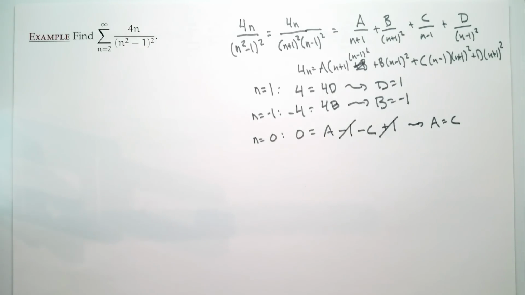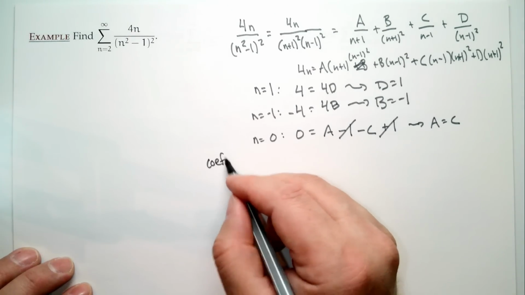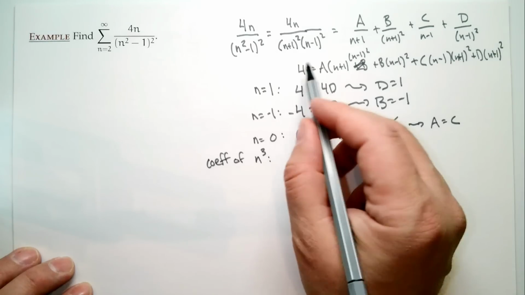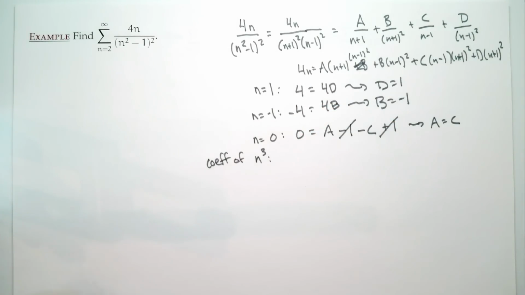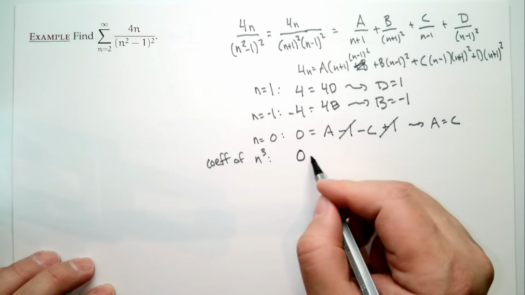So let's see, what else can we do? Well, we can plug in another value, or we can do the other trick with partial fractions, which is to look at coefficients. So let's look at the coefficient of n cubed for a moment. On the left-hand side, there is no n cubed, so that's 0.